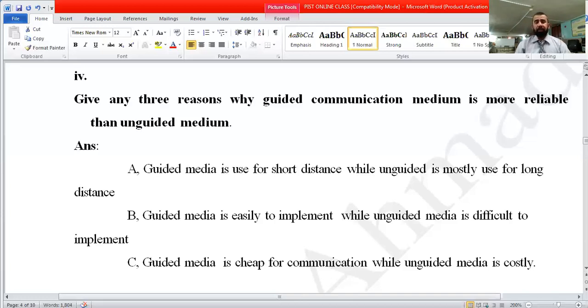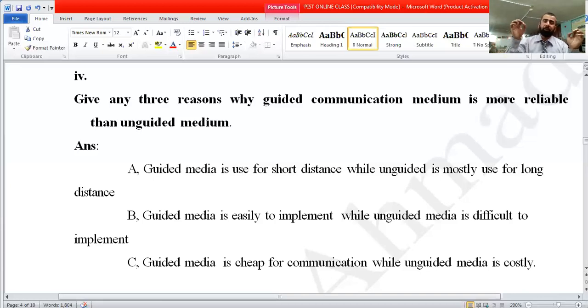I am repeating it. Give any three reasons why guided communication media are more reliable than unguided media. Guided media is used for short distances, while unguided media is mostly used for long distances. Means long distance unguided media, satellite to your dish antenna. Guided media is easy to implement, while unguided media is difficult to implement.